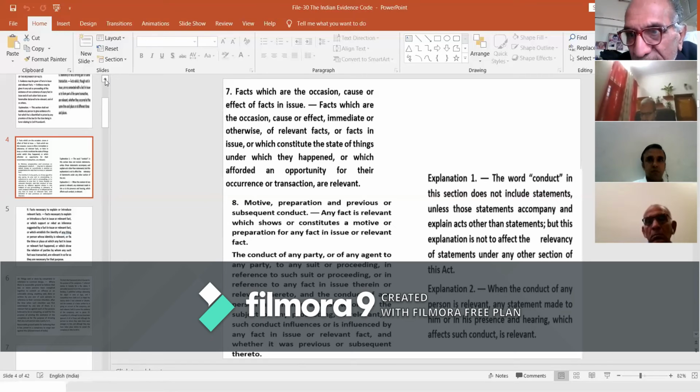Now, it is a double layer, it is a double fold, it is a core within a core. Therefore, the facts which will become relevant under Section 7 will further permit those facts which will be occasion, cause, or effect of such facts, and then they again will become relevant facts.